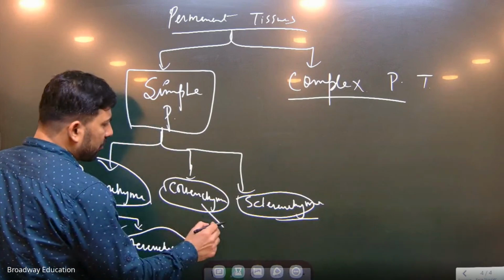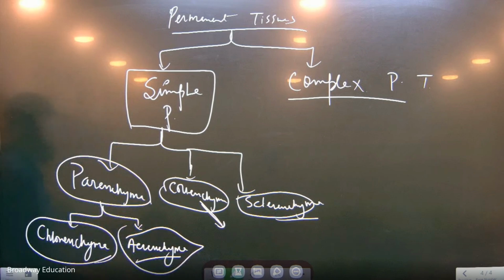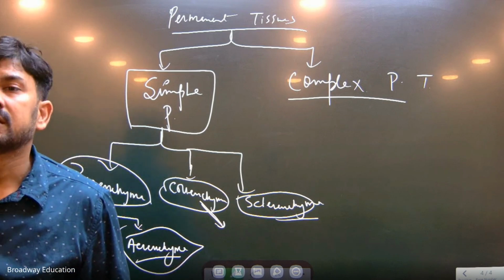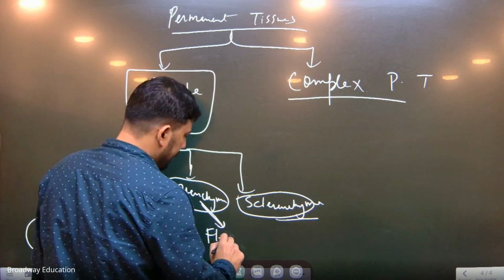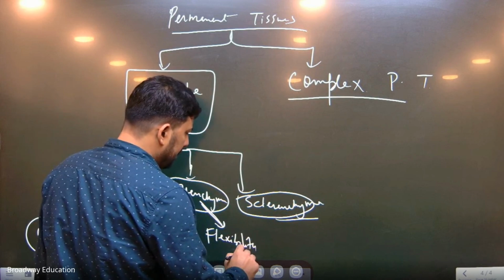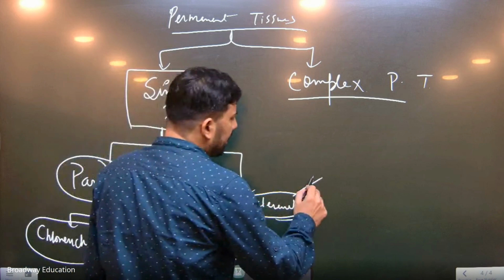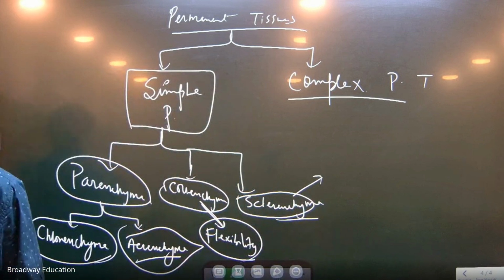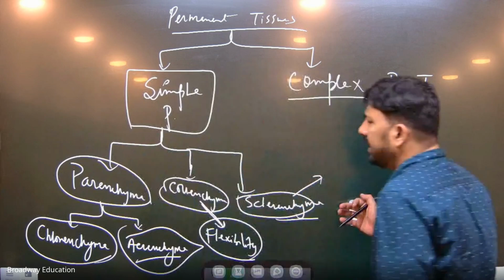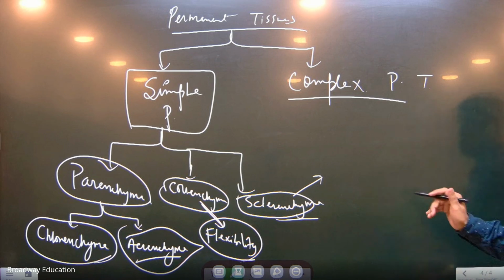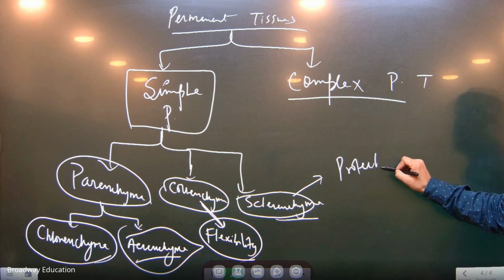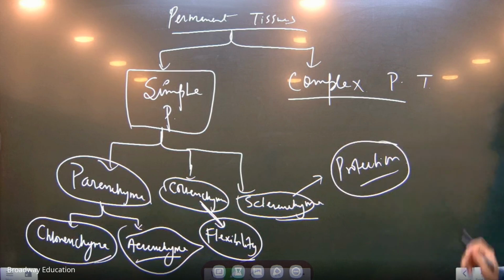Similarly, about collenchyma, the main function of collenchyma is to provide flexibility. Clear? Now, the last one was the sclerenchyma. It is hard, right? So if I say the hard covering, then what would be the main function? Protection. Clear? The main function is to provide protection. Simple. Is this part clear?